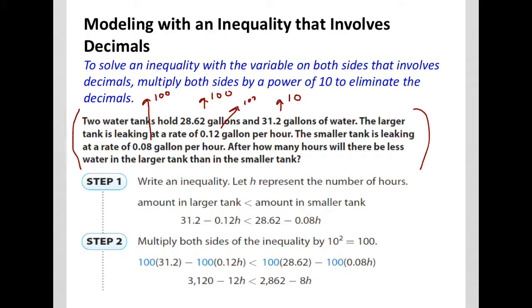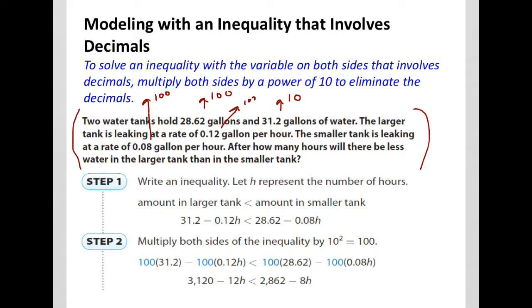So let's see, can we write the inequality? We're looking at two tanks, and it says the first tank holds 28.62 gallons, and the other tank holds 31.2. They want us to know when the larger tank will be less than the smaller tank.